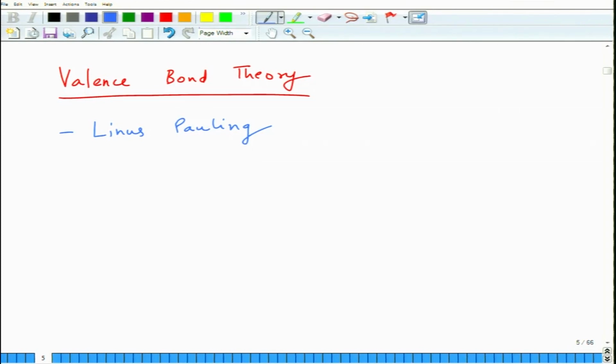So he said that a covalent bond would form when the orbitals on the atoms would interact with each other. Okay. So for example, and this will depend upon how the orbitals align with each other.